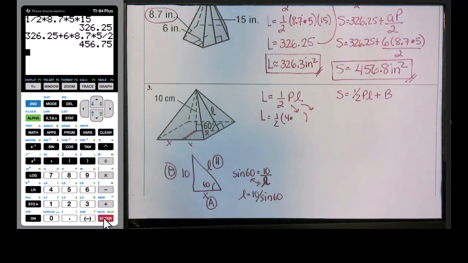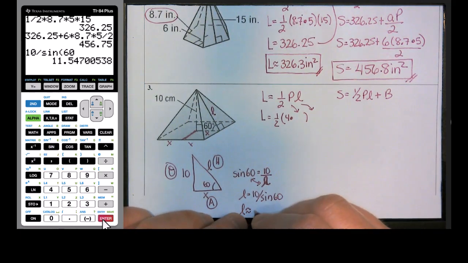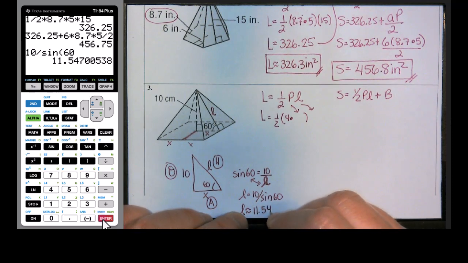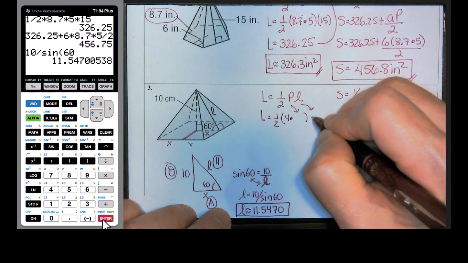Put in the calculator 10 divided by sine of 60, and I get this slant height to be 11.5470. Very good.